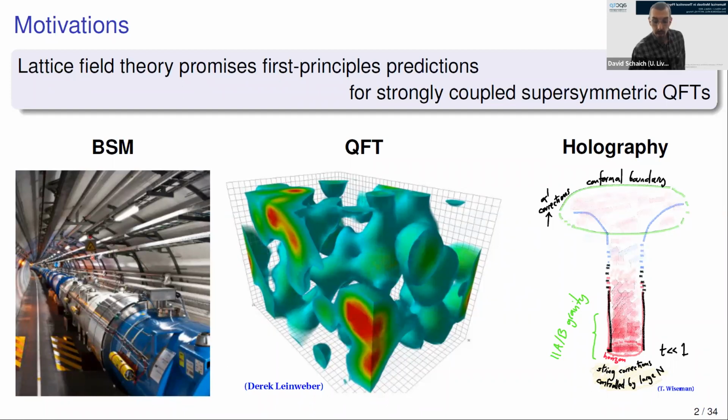Now, where lattice field theory comes in is the promise of first principles predictions for these various supersymmetric quantum field theories without having to make any reliance on effective modeling or perturbative expansions.